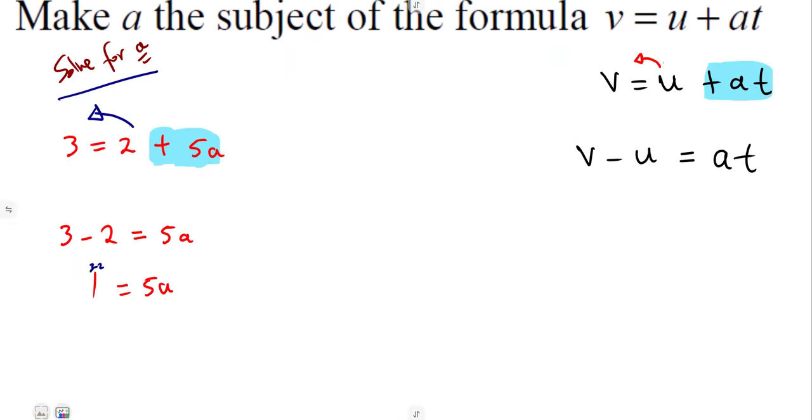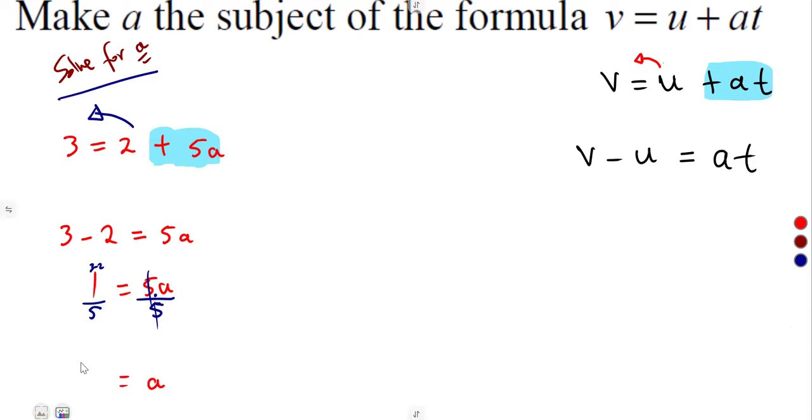You want to solve for A. This is 5A. The opposite of multiplication is division. So how do I get rid of the 5 which is affecting our A here? We must divide by it. So it cancels, meaning you are left with A. You have solved for A.